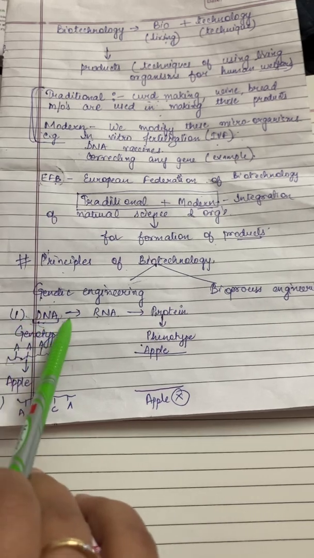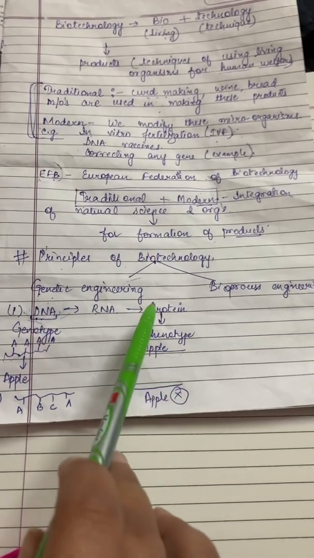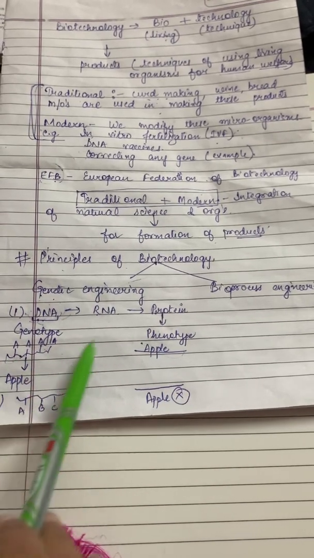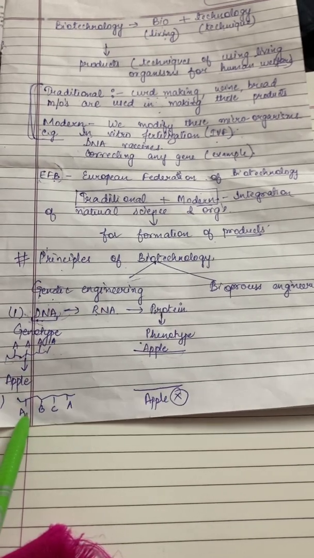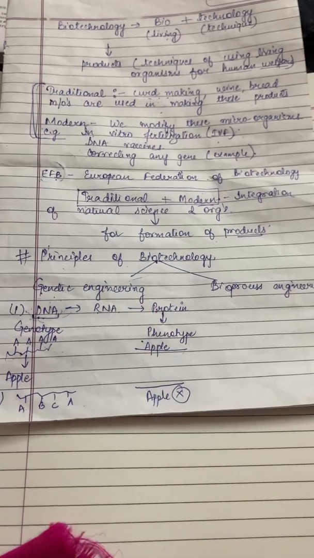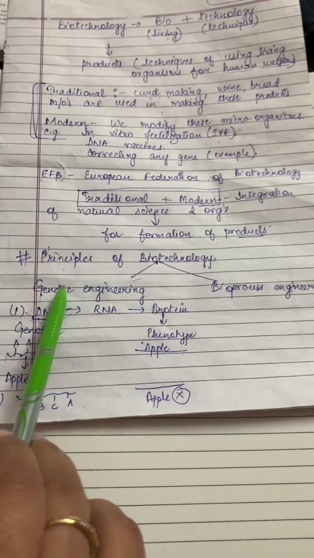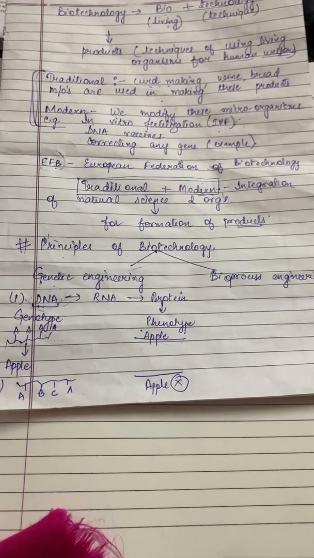So if we alter its genotype, its phenotype will be altered. I gave you a very simple example that if there is A, it will give an apple, but if we alter its genotype like A, B, C, A, D, then obviously there will be no formation of an apple. So this is one principle of biotechnology, genetic engineering.